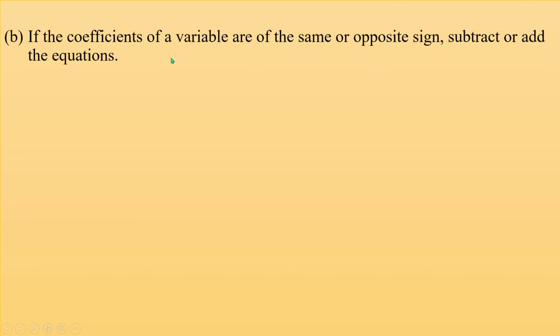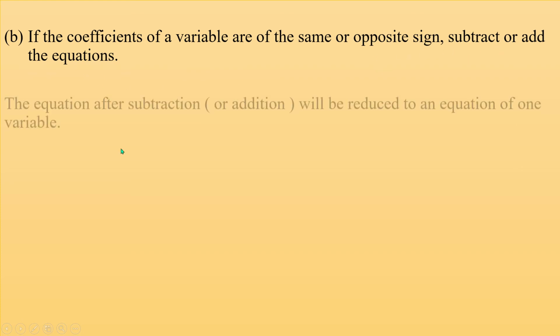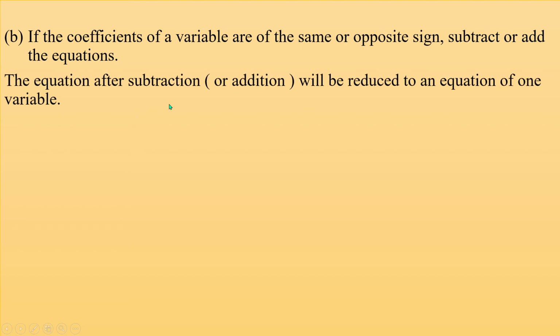Step B: if the coefficients of a variable are of the same or opposite sign, subtract or add the equations. The equation after subtraction or addition will be reduced to an equation of one variable.